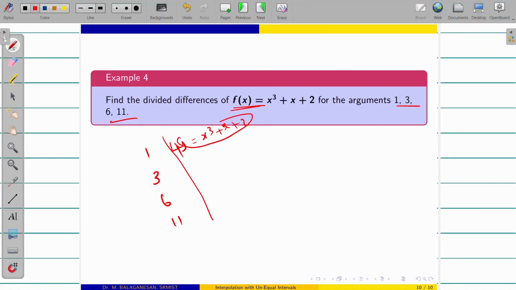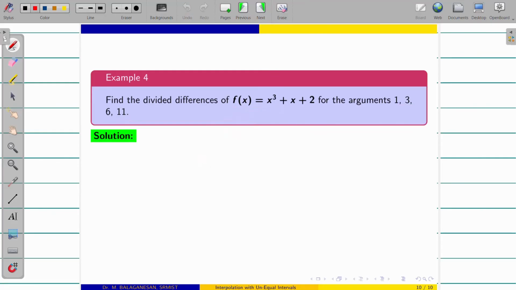This was the equation. And give x as 3. Replace with 27 plus 3 plus 2. So 32 will be the y value. This is the way to find the values of y. So indirectly they have given that. That's why I have chosen this problem.